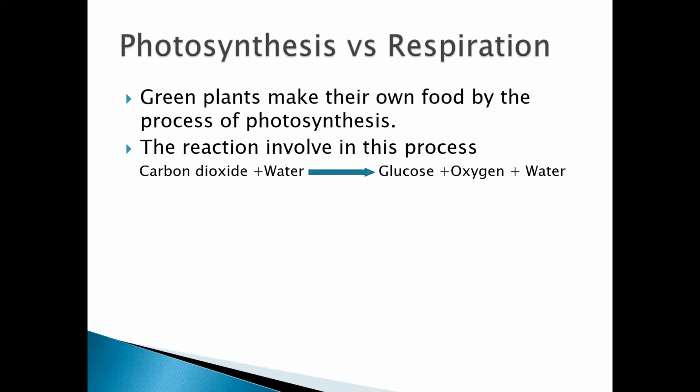Now this is photosynthesis versus respiration. Green plants make their own food by the process of photosynthesis. So here you can see this reaction: carbon dioxide plus water gives out glucose plus oxygen plus water.